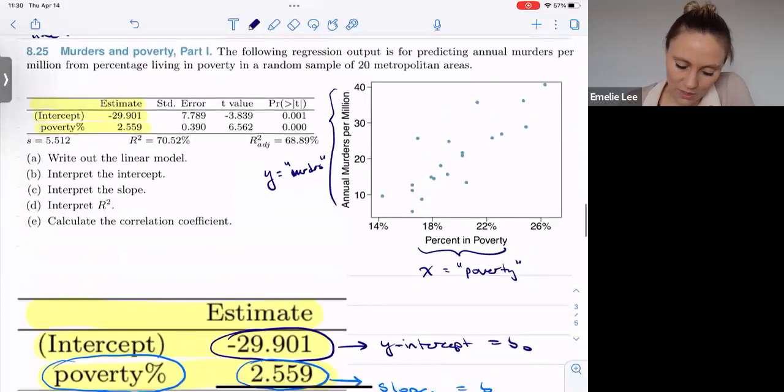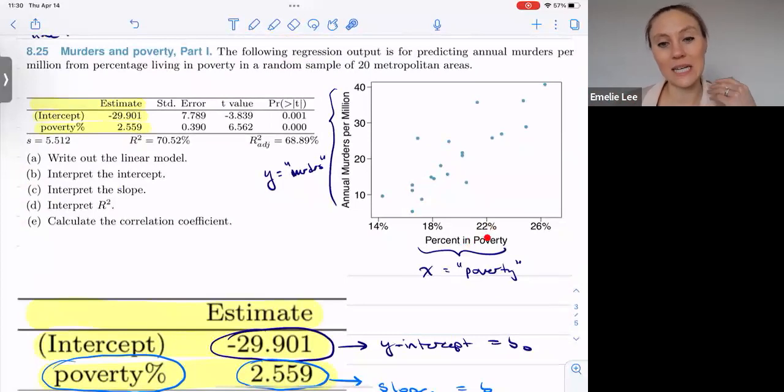So what can we do? Now, percentages we know are a little bit tricky, right? Because sometimes we have to convert percentages into decimals, right? 22% is 0.22. But here, because the units are in percent, right? So percent in poverty, the X that I'm going to put in is 22. Okay, so that's confusing.